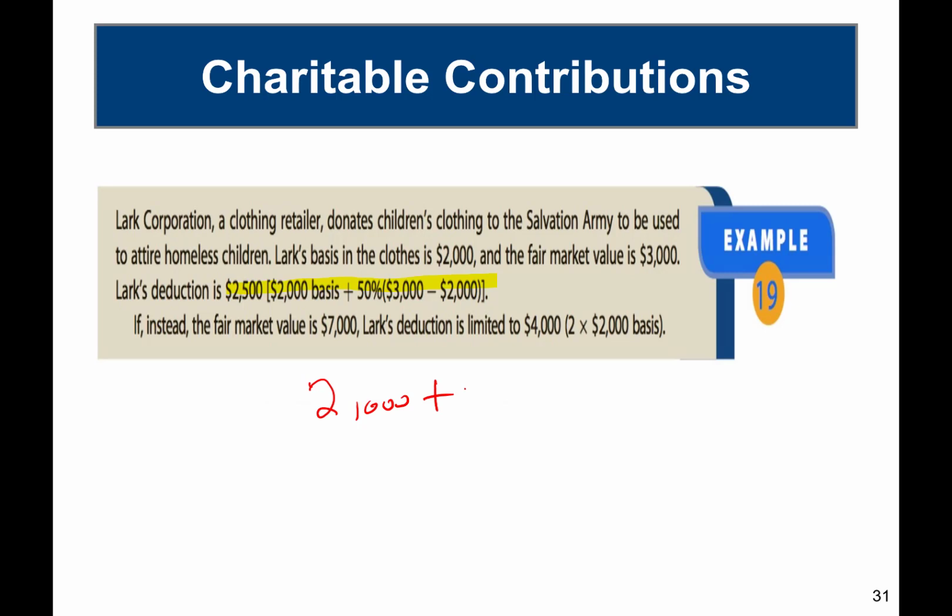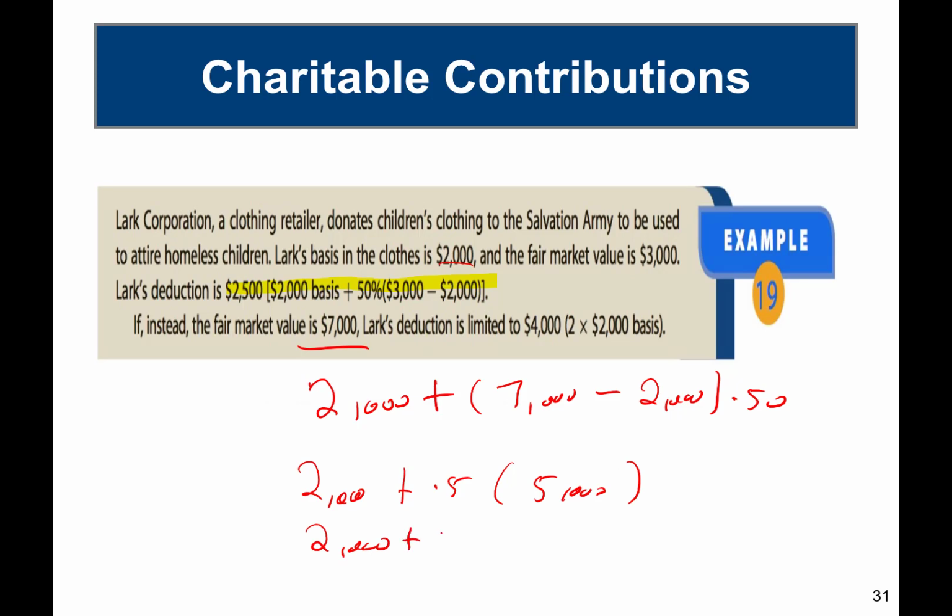The difference here is $7,000, now changing the fact pattern, minus the basis, which is still $2,000, and it's 50% of that, right? So $2,000 plus 0.5 of $5,000 is $2,000 plus $2,500, and so that is going to be $4,500. So the $4,000, twice the basis, is the smaller amount, right? And so we take the $4,000.